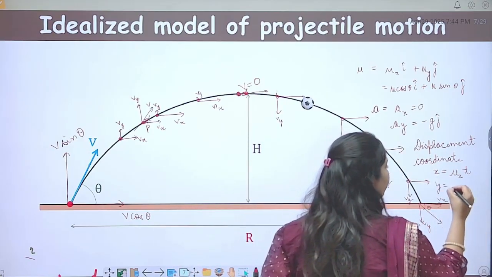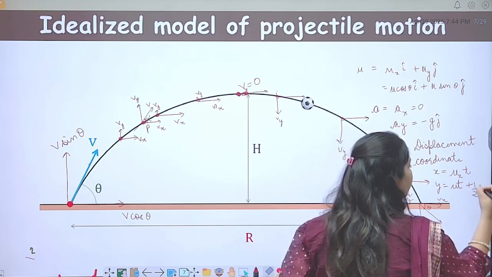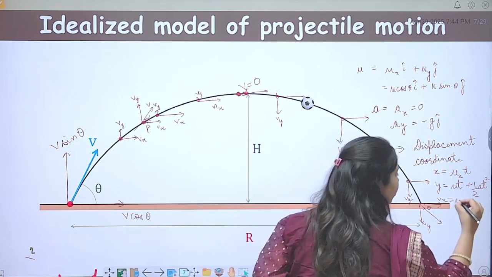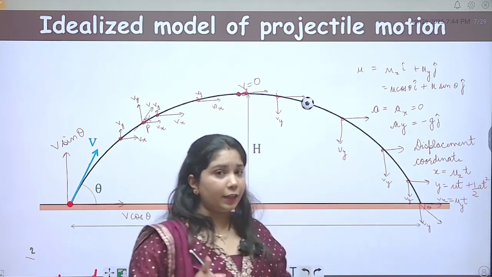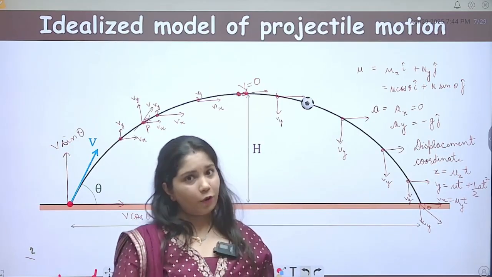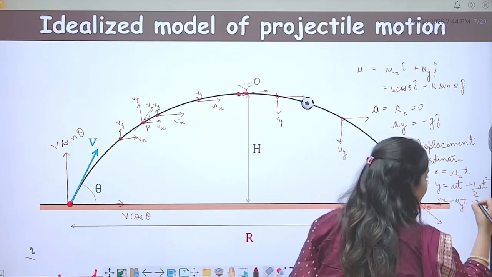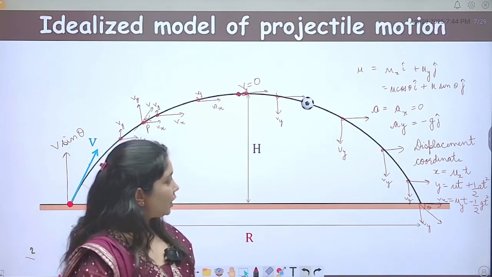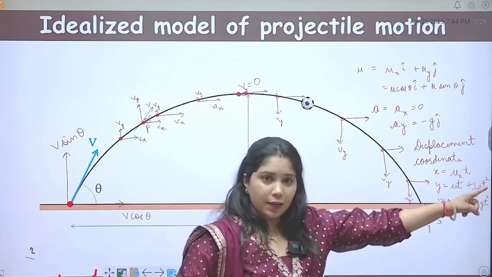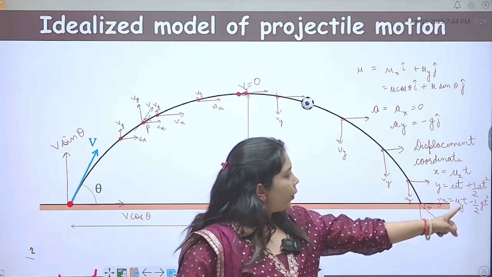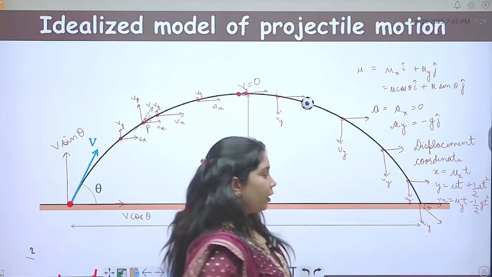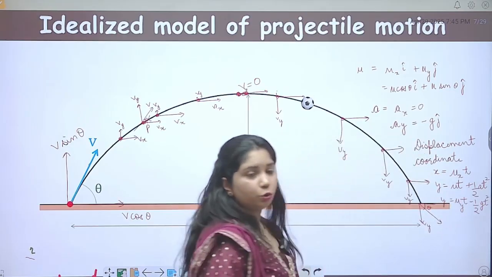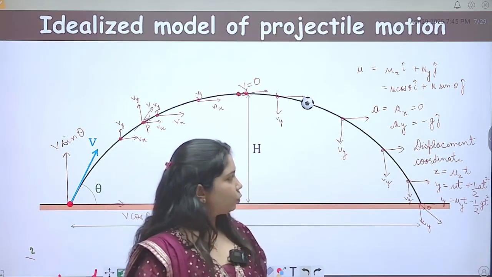So y is equal to ut plus half at square. We are talking about the y direction, so uy into t, and acceleration is equal to minus g for the y component. So this comes out to be minus half g t square. So the coordinates at time t will be x equals uxt and y equals uyt minus half g t square.